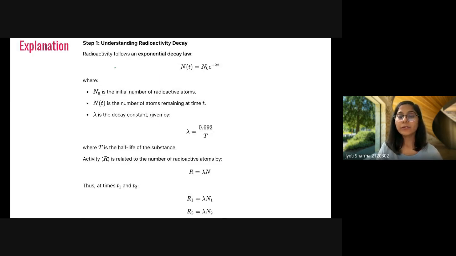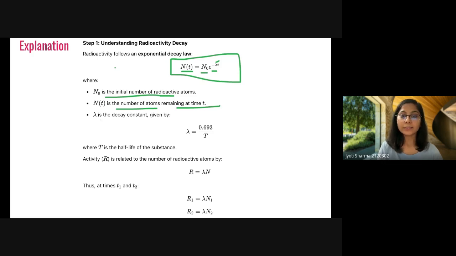We know that in exponential decay, or first order decay, N equals N0 e to the power minus alpha t, where N is the number of atoms remaining at time t, N0 is the initial number of radioactive atoms, alpha is the decay constant, and t is the time. This is the exponential decay law.